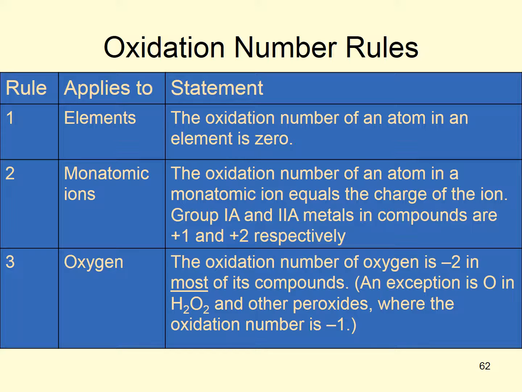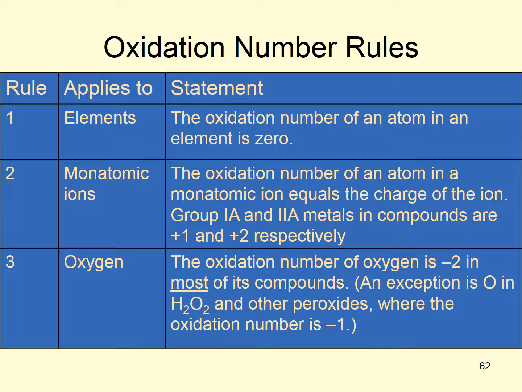Okay, if you have an ion that's all by itself, so a monoatomic ion that has a charge, then the oxidation number is just equal to that charge. Now, that means that group 1A and 2A metals, if they're in compounds, will also be positive 1 and positive 2 respectively, because they don't ever change their charge.